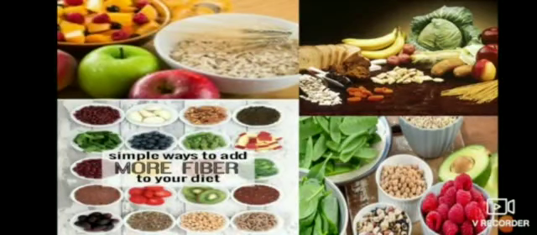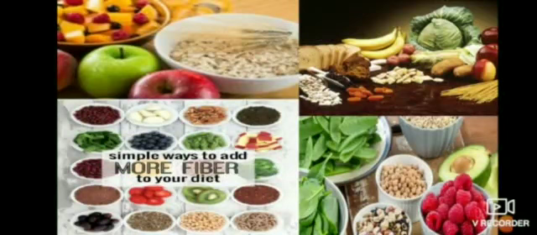Now you are seeing here some of the pictures where we see roughages or dietary fibers. Children, do you know what are roughages or dietary fibers?